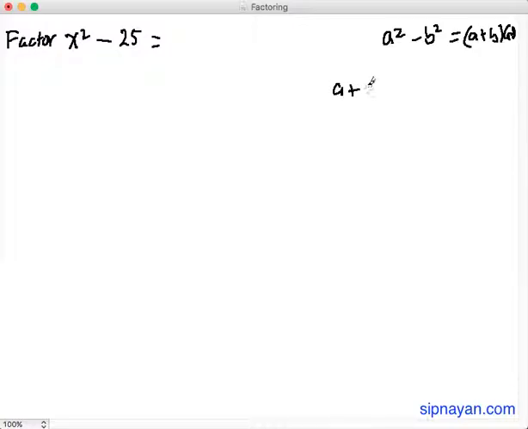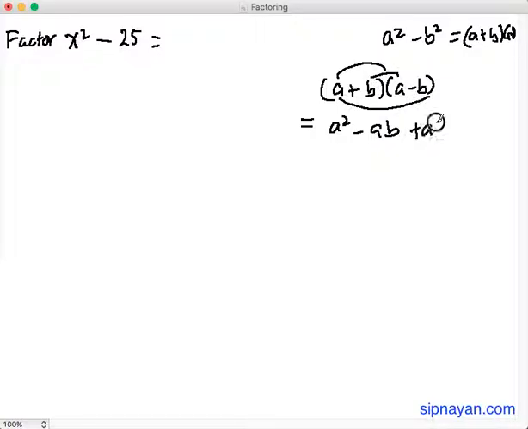So, when we multiply a plus b times a minus b, a times a is a squared. And then we have the outside term, minus ab. And then the inner term, we have plus ab. And then the last term, which is minus b squared. So the ab terms cancel out, and we get a squared minus b squared.